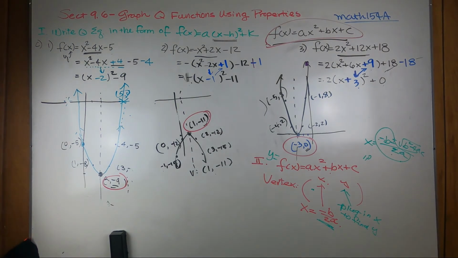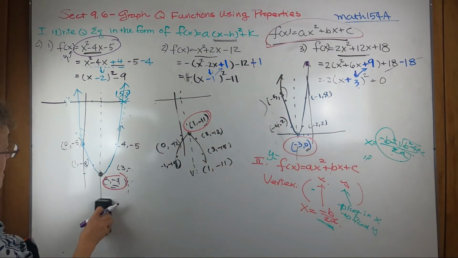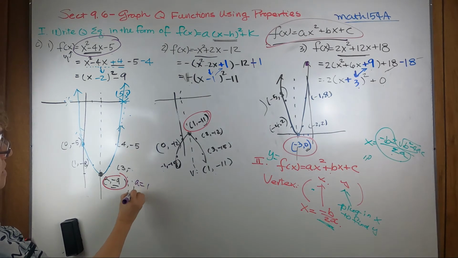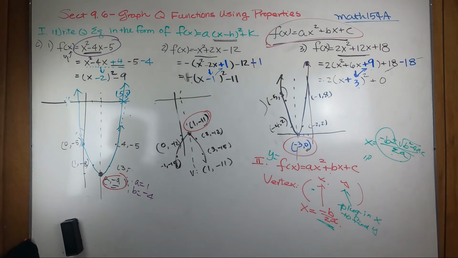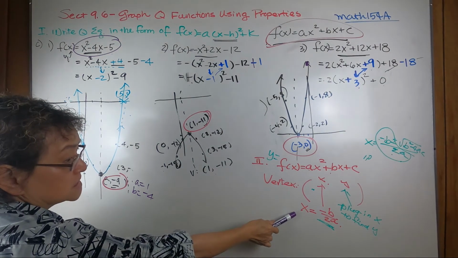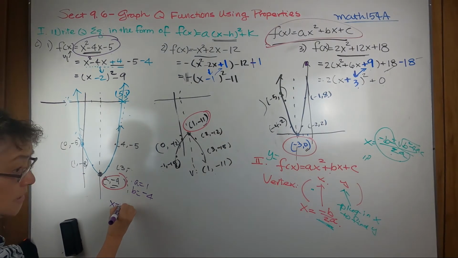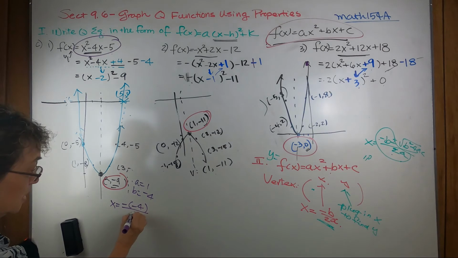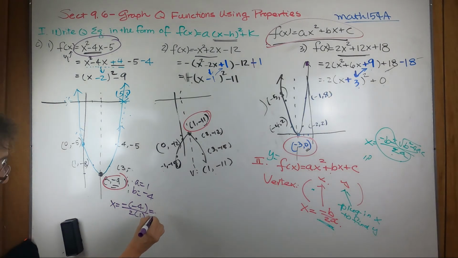Okay, so for this one, what's your a? a is 1, b is negative 4, right? So your vertex for x is negative b over 2a. So my x is negative b, which is 4, over 2a, so 4 divided by 2, it's 2, right?